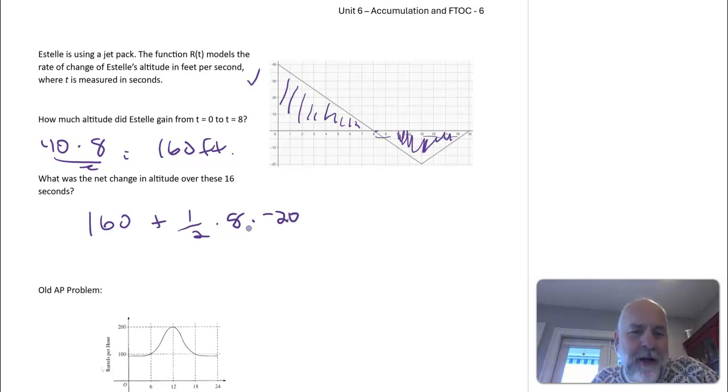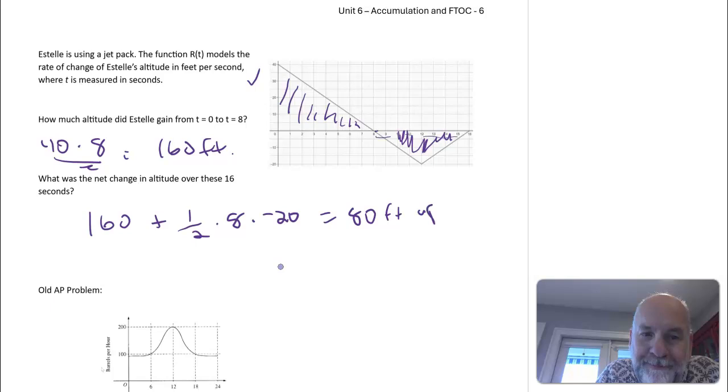And so for negative 20, she went up 160 feet, but then she went down 80 feet. So altogether, that's 80 feet up, or net change in altitude.